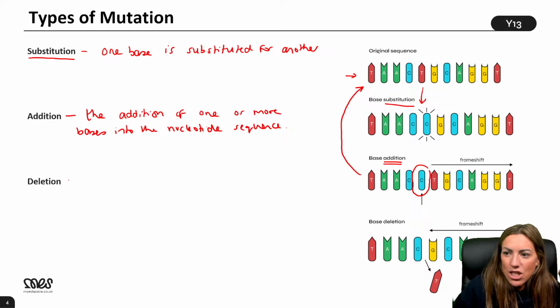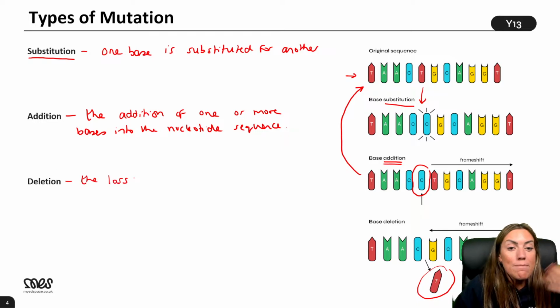And then deletion, again, the name gives it away. We've basically lost a nucleotide, we've lost a base, and if we compare it to the original sequence, we can see that it's a nucleotide with a thymine base that's been deleted. But it could be any, it could be multiple.